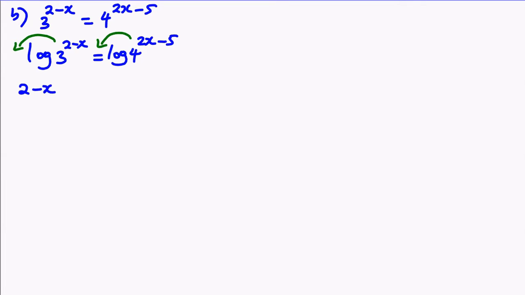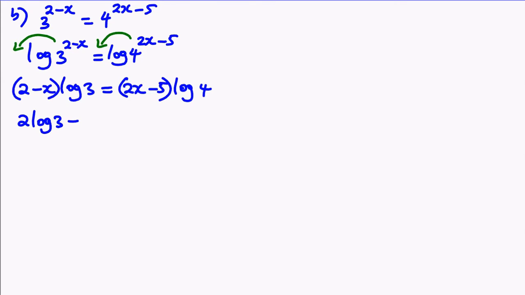So 2 minus x log 3 is equal to 2x minus 5 log 4. So 2 log 3 minus x log 3 is equal to 2x log 4 minus 5 log 4.